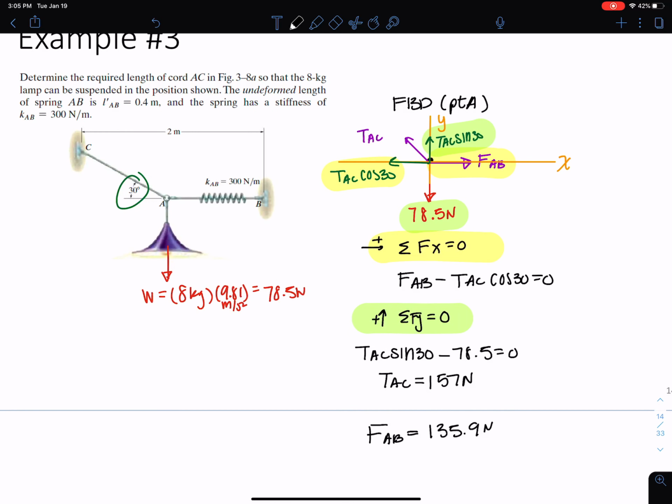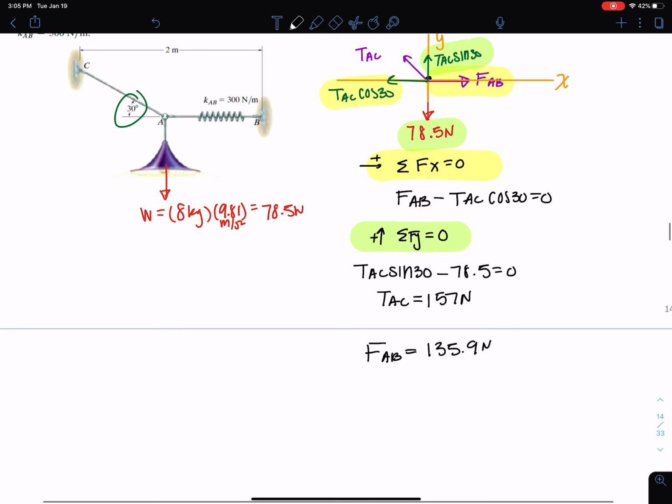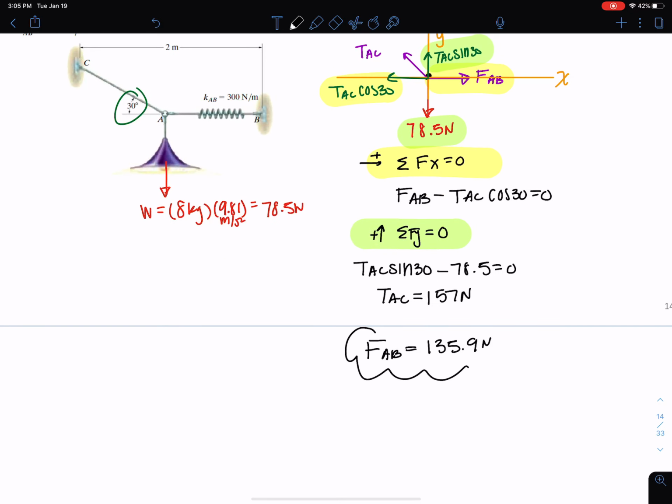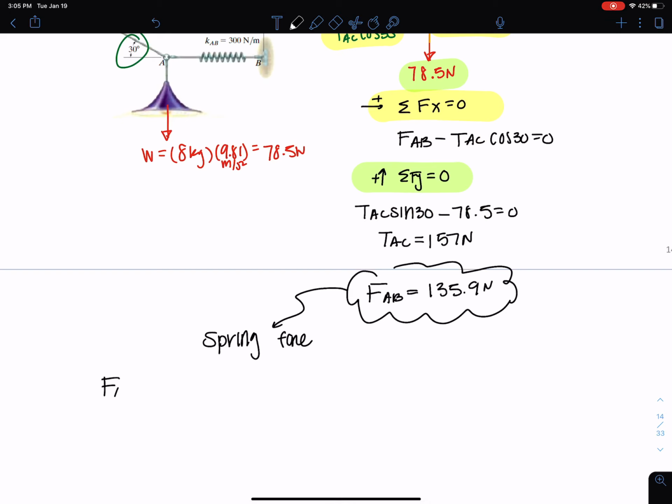But now I want the stretch in the spring. So I haven't really gotten what I want yet, but I'm getting close. I want the stretch in the spring, and I know something about this force here. I know that this is the spring force. And I know that FAB, which is a spring force, is equal to K, the stiffness in AB, times SAB, which is that deformed length, right? How much it deforms.